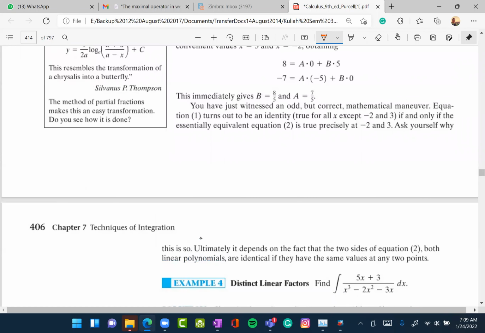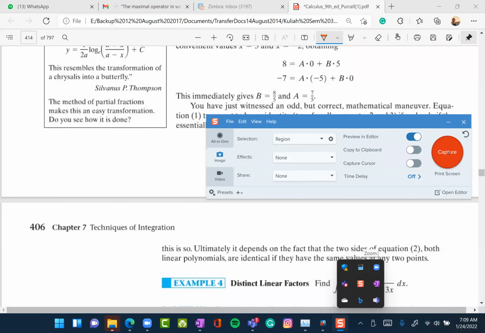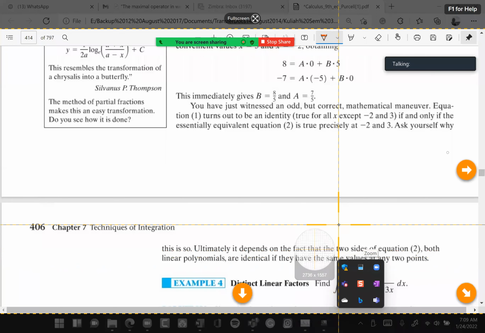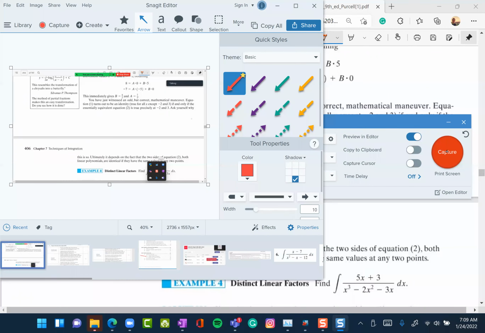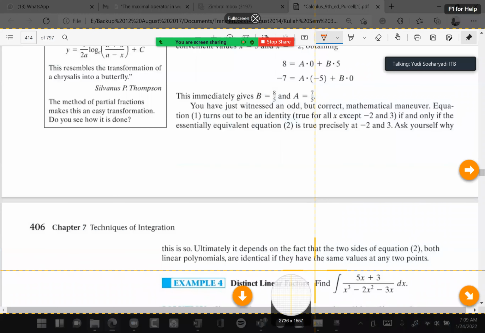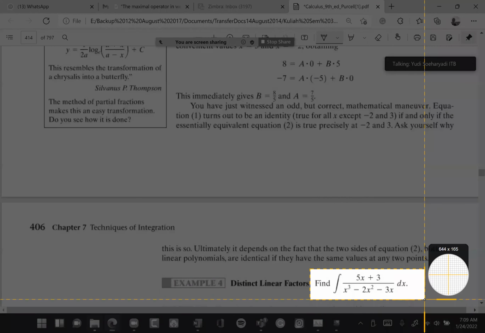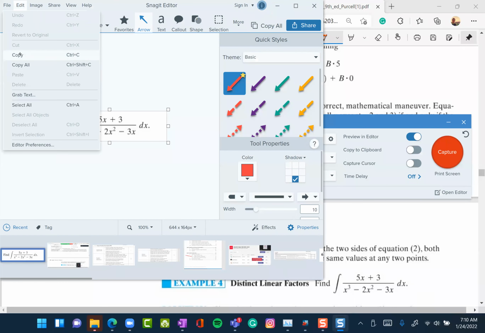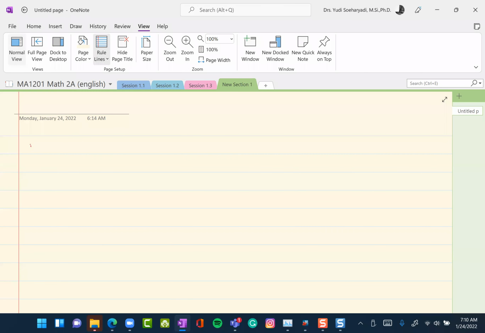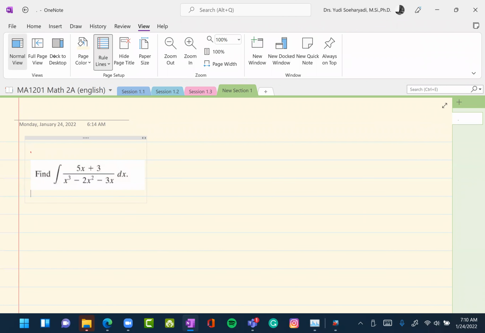Let's do this one here using partial fraction decompositions.